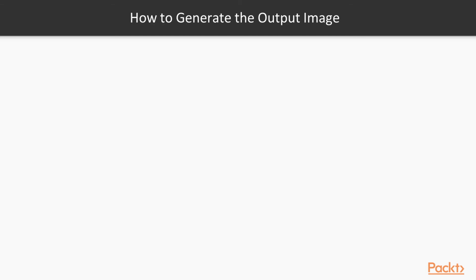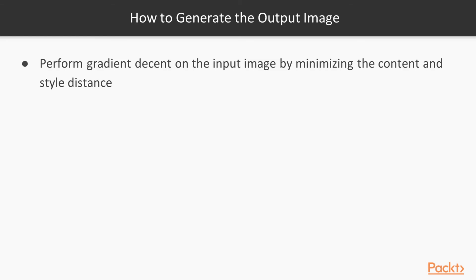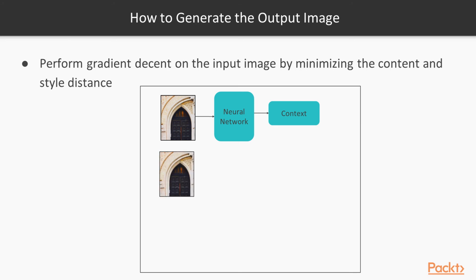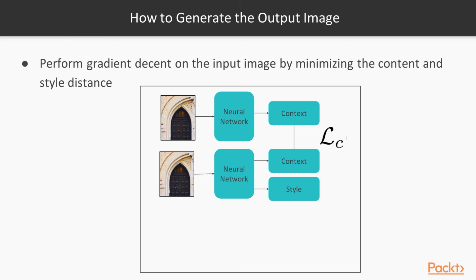So how are we actually going to generate these stylized images? We're going to perform some optimization on an input image. We take a content image and pass it through a pre-trained neural network to get content features. I'll briefly explain what features are in a second. We then pass the input image through the neural network to get the content and also the style.